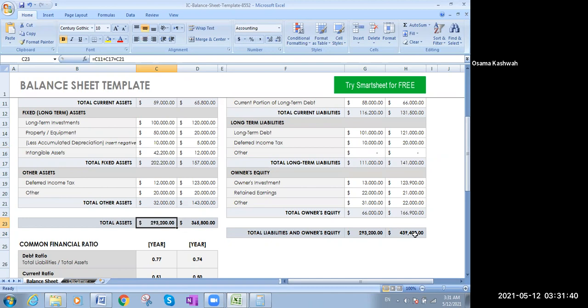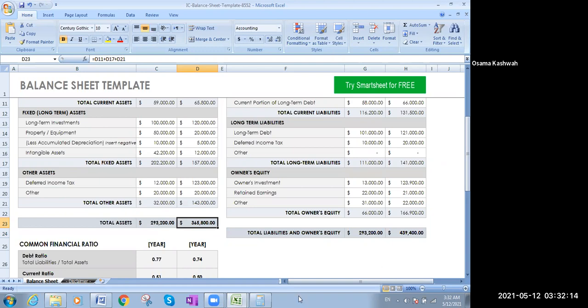Okay, so it's 439,400. Here the total liabilities is greater than the total on the other side. So I'm going to do the same thing: check the difference between them. 439,400 minus 365,800.